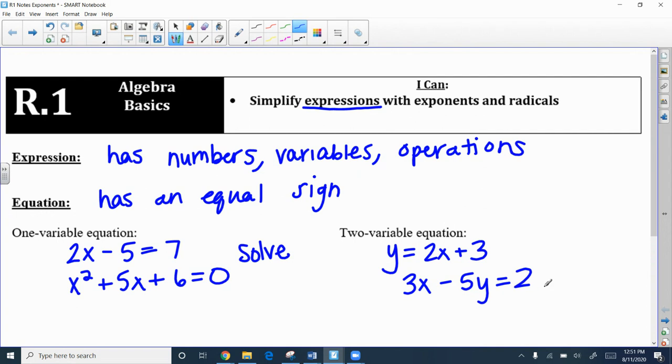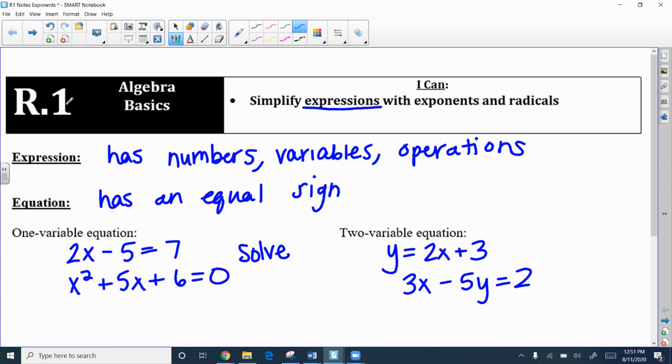This would be a two variable equation as well, because, again, an equation has an equal sign and it has x and y. We'll see two variable equations in unit 2. Those we can graph or look at how the variables are related.